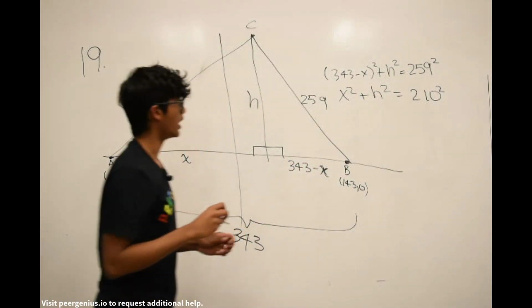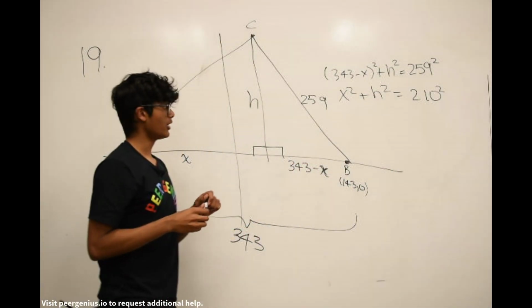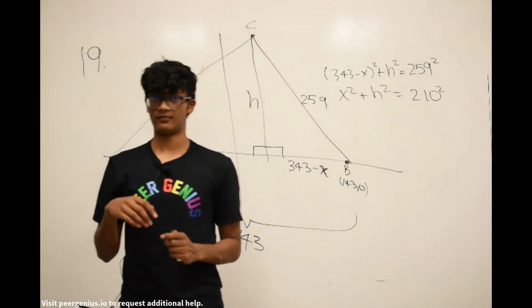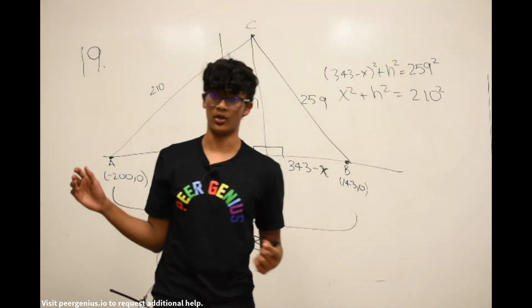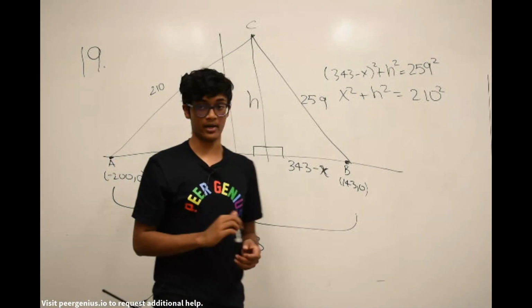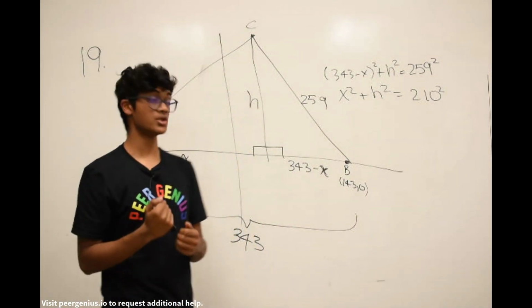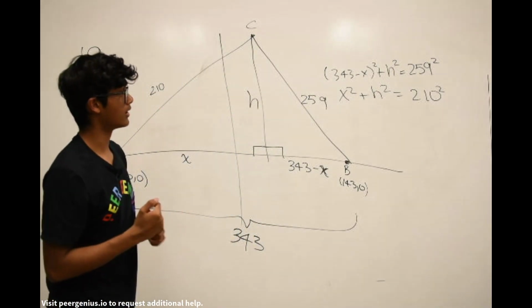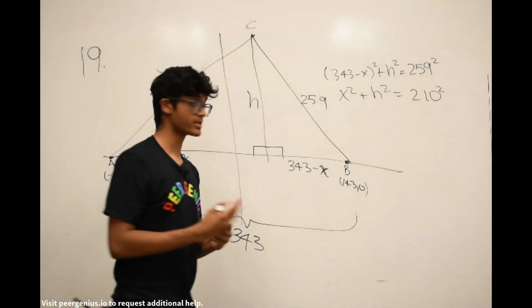Now, first instinct might be to expand it all the way, but there's actually a quicker way. You see two squares on the right-hand side of both equations, which tells you that you might want to use difference of squares.